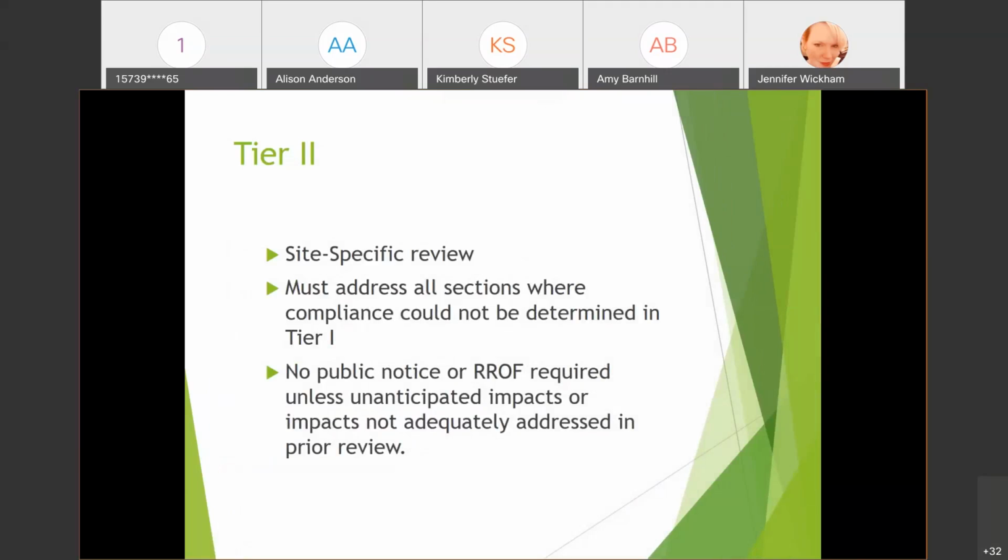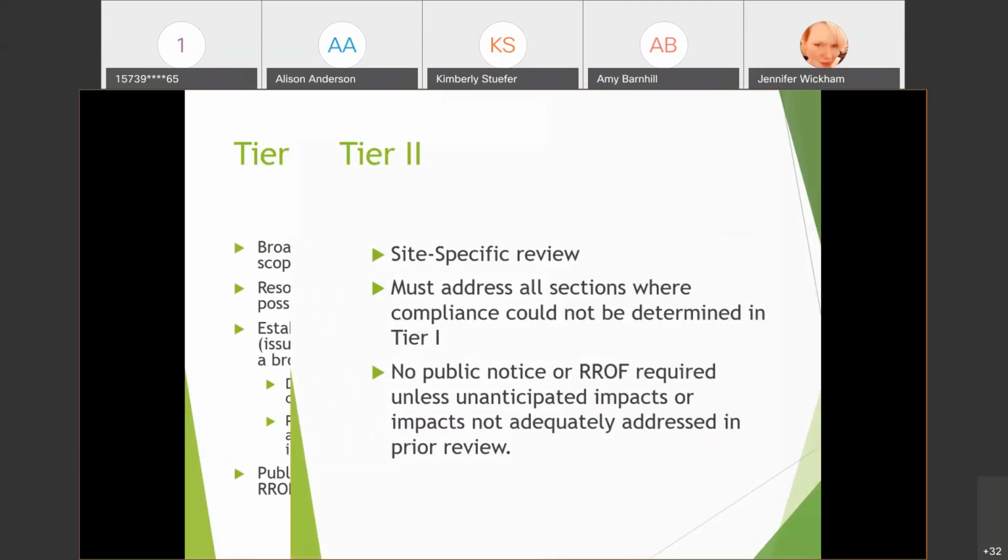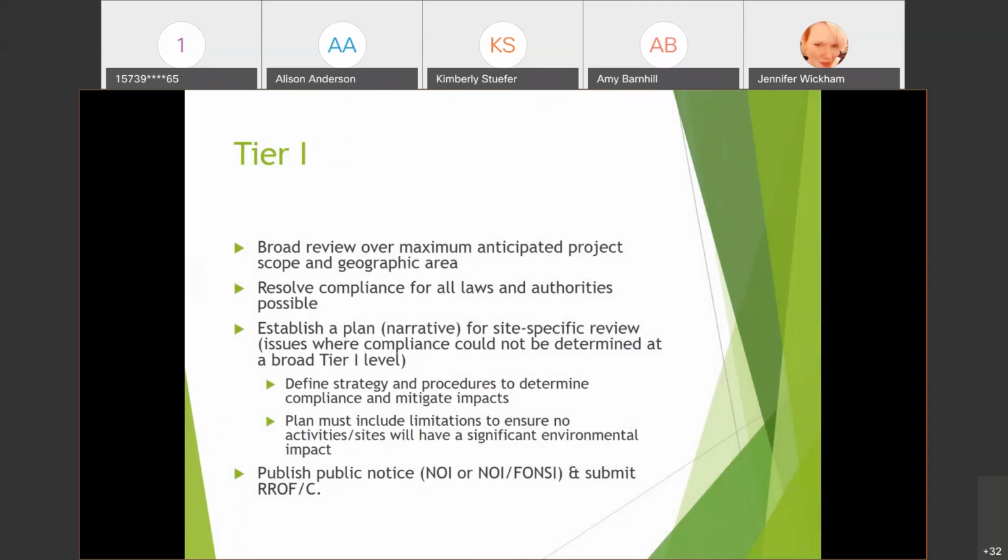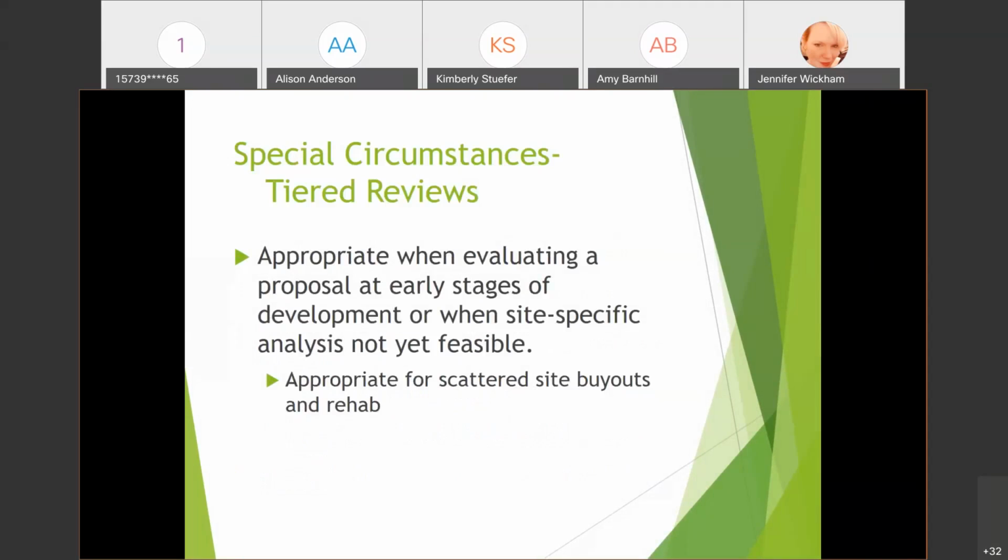Allison, we have a question really quickly before we move on. Can you state again what the CFR for tier 1 is? The Code of Federal Regulations for tier 1? There was a previous slide.